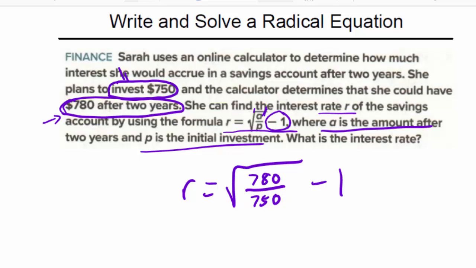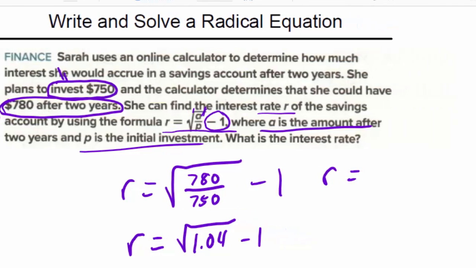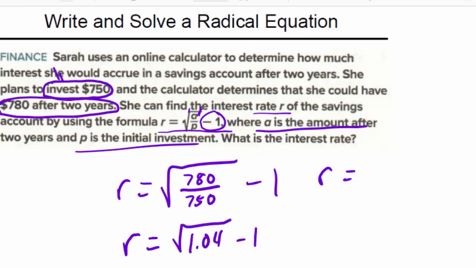So I'm going to use a calculator on this one. R is going to equal the square root of, now 780 divided by 750 gives me 1.04. And now I have to do the square root of 1.04. That's going to give me approximately 1.0198, and minus 1 at the end of that.